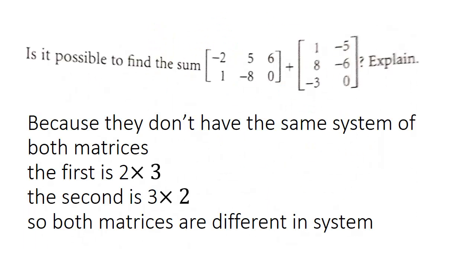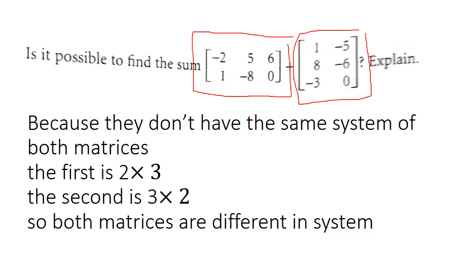Okay, so let's see the next one. Is it possible to find the sum between this matrix and this matrix? Let's see. The two conditions can be checked for these matrices. So how many rows here? 2. How many columns here? 1, 2, 3. So 2 times 3. The size of the first matrix is 2 times 3.